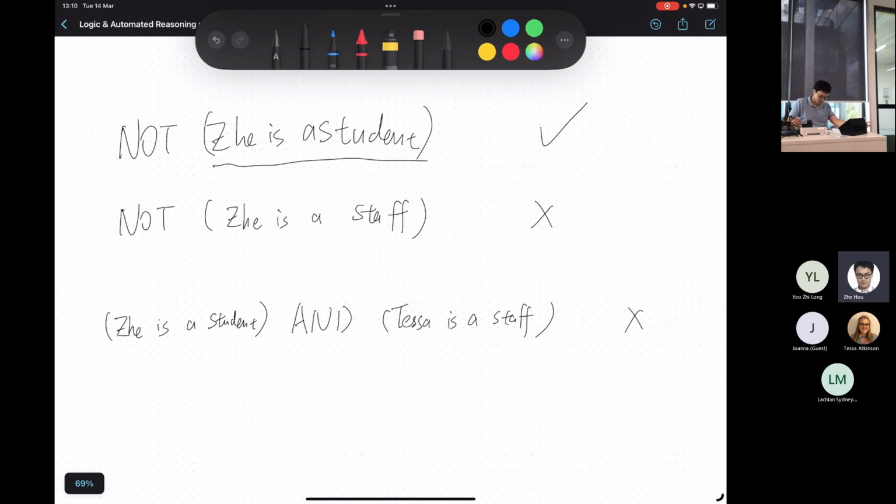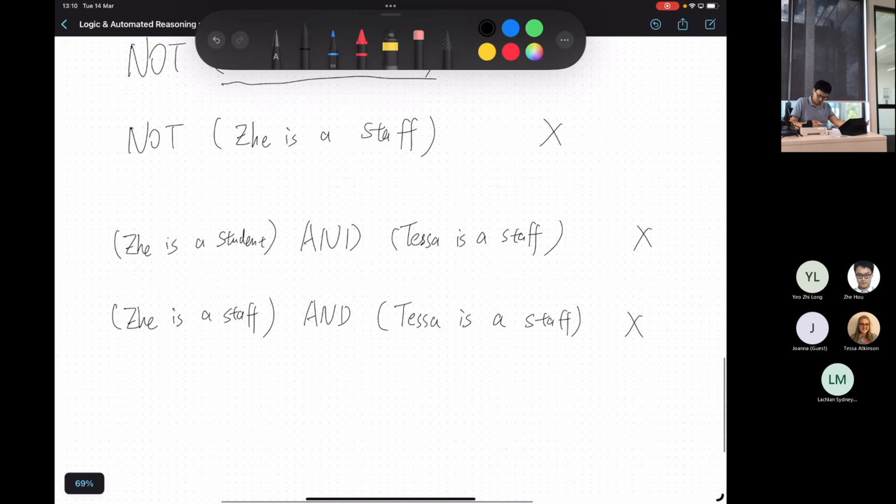But what about "Z is a staff and Tessa is also a staff"? It would still be false, because the left-hand side is true, the right-hand side is false. Therefore, the AND statement is still false.